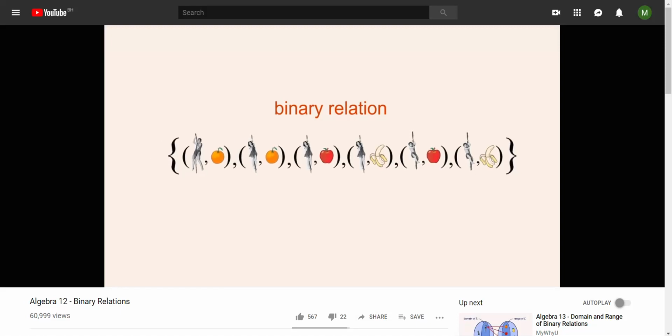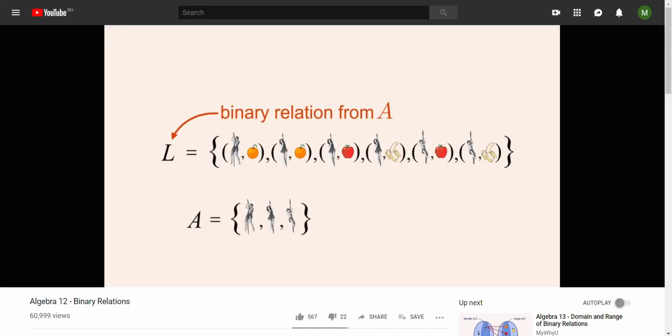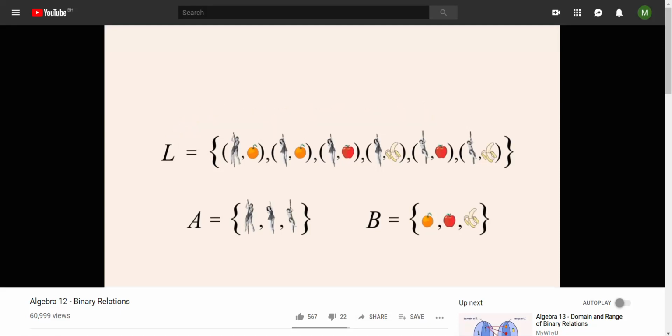Let's name this set of ordered pairs L. So we say that L is a binary relation from set A to set B. Each ordered pair that's a member of set L makes a statement about how one person in set A is related to one fruit in set B. A mathematician would say that this ordered pair makes the statement Jane is L related to oranges. Or in plain English, Jane likes oranges.